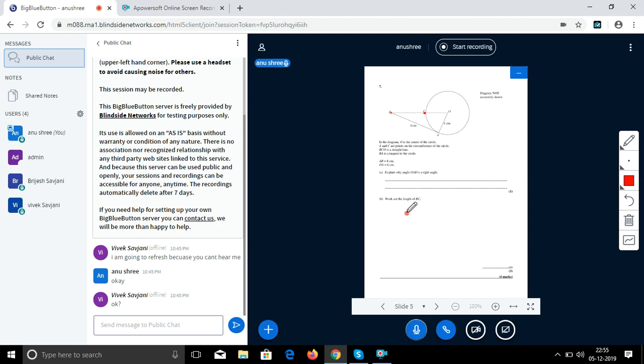This part you have to calculate. So 10 centimeters is OB. This whole from O to B is 10 centimeters. And you have to calculate BC. What's BC?